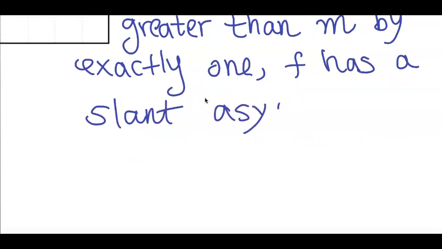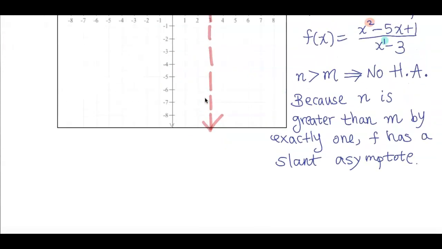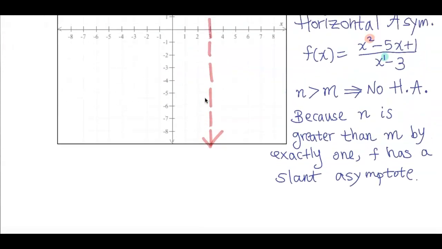asymptote, okay? And in the previous example, I think example 3 or so, I used long division to find the slant asymptote. I will do synthetic division to find the slant asymptote this time, okay? So slant asymptote.